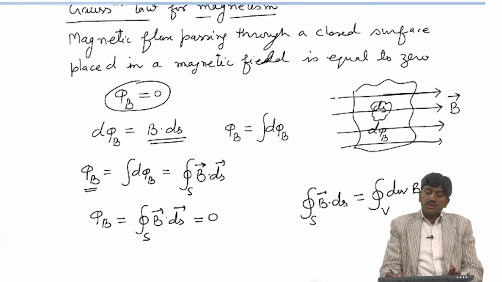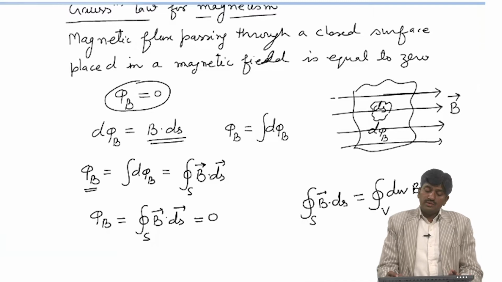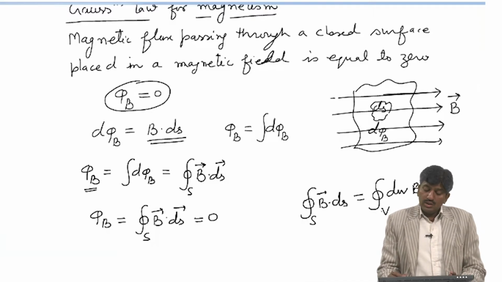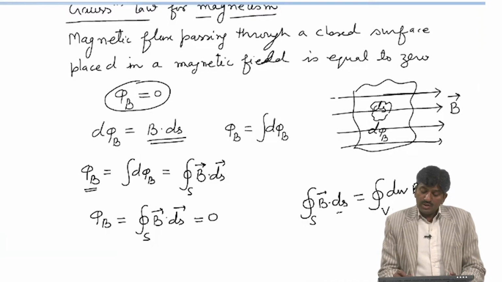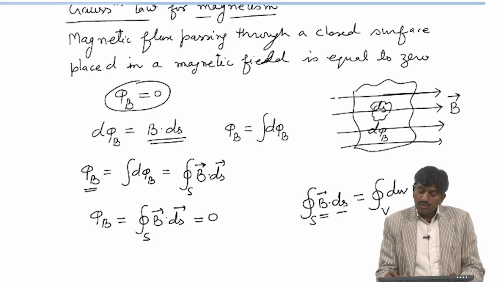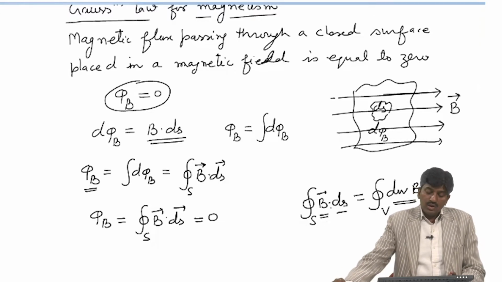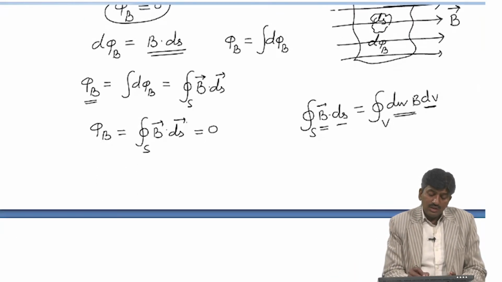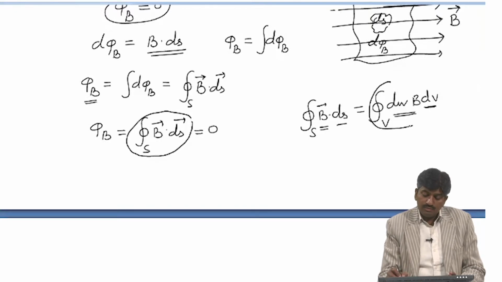This is as per Gauss divergence theorem: the surface integration of this magnetic field is equal to the volume integration of divergence of magnetic field. So we can replace this term by this term.